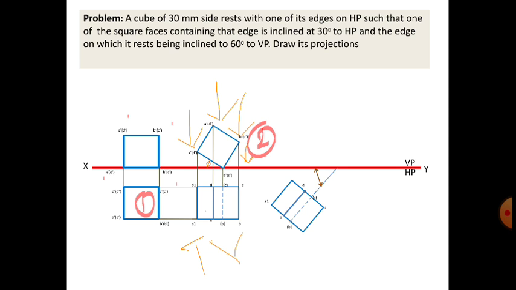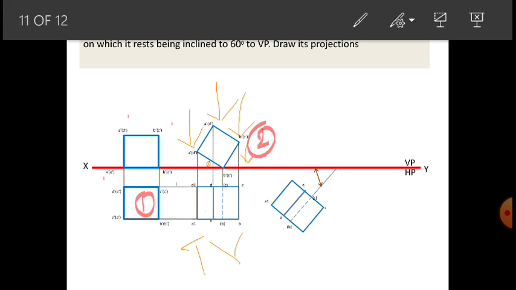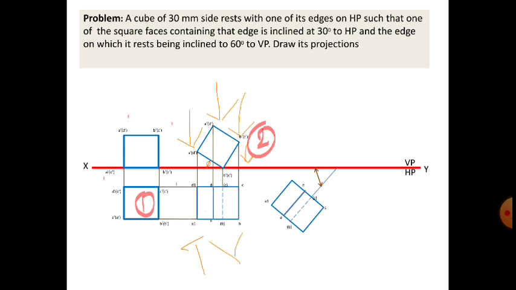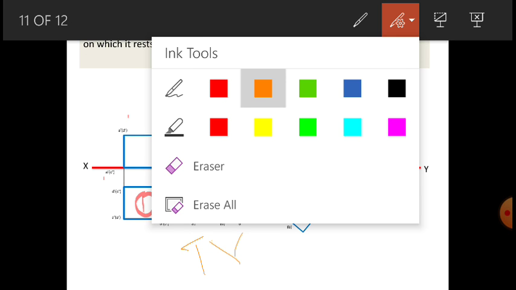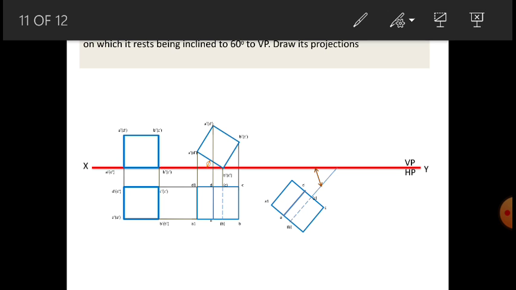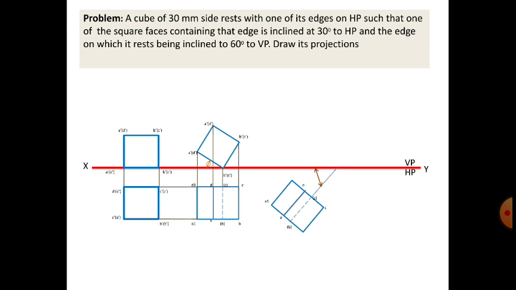This is your second part of the question. The third part of the question is, the same edge is resting with an inclination of 60 degrees to VP.